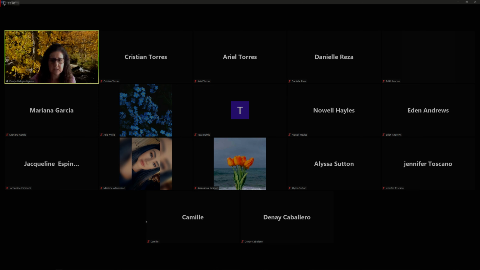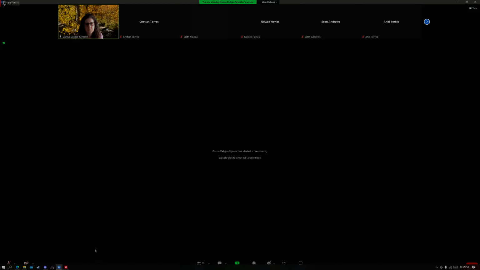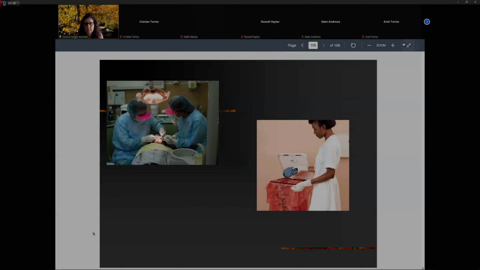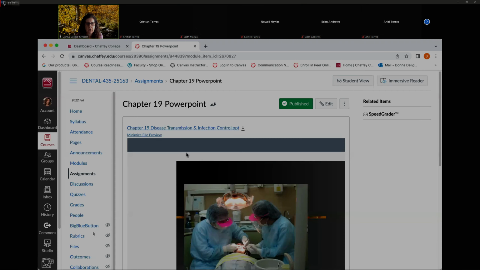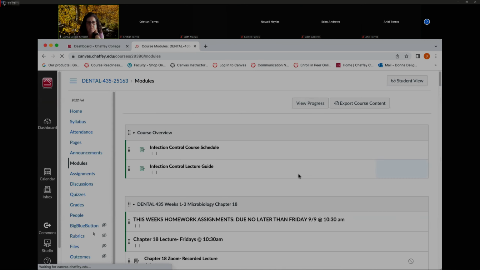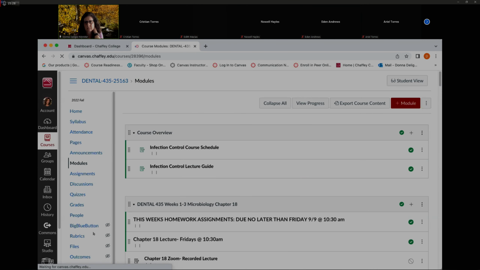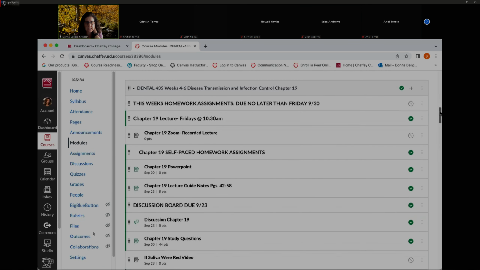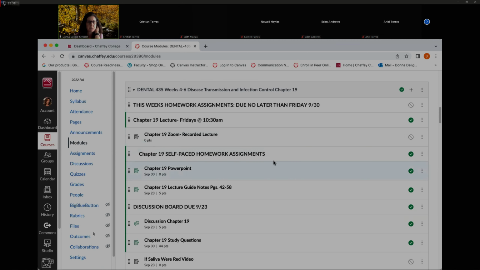Also, let me show you my Canvas shell. You'll notice in the module for chapter 19, there are some self-paced homework assignments.